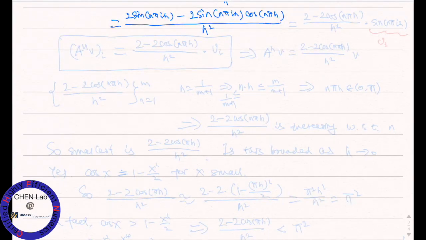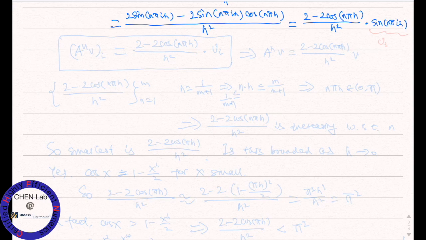So what is this? We're going to factor out sine m pi h. So we have 2 minus 2 cosine m pi h divided by h squared, this whole thing times sine m pi h.